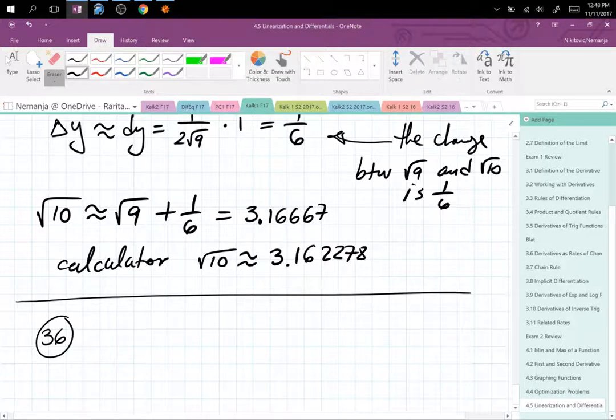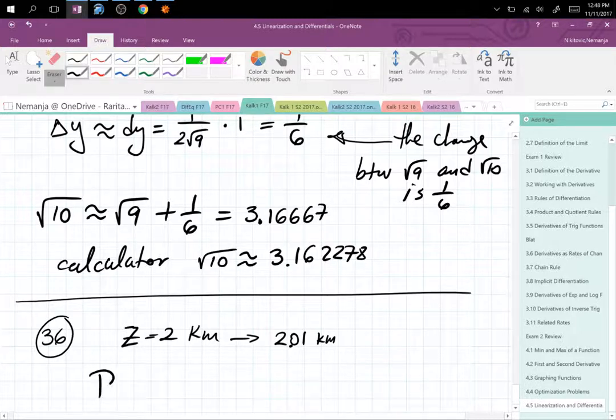Approximate the change in the atmospheric pressure when the altitude increased from z equal to 2 kilometers to 2.01 kilometers. So that's technically you go 10 meters up.